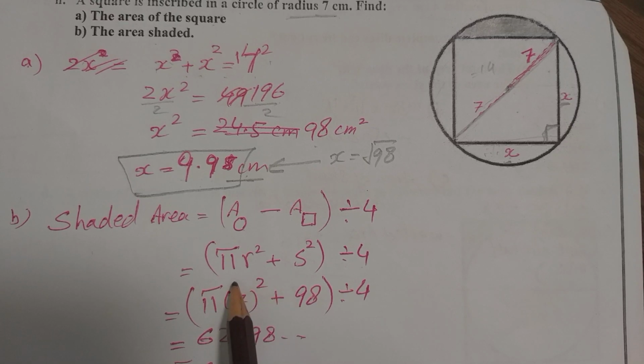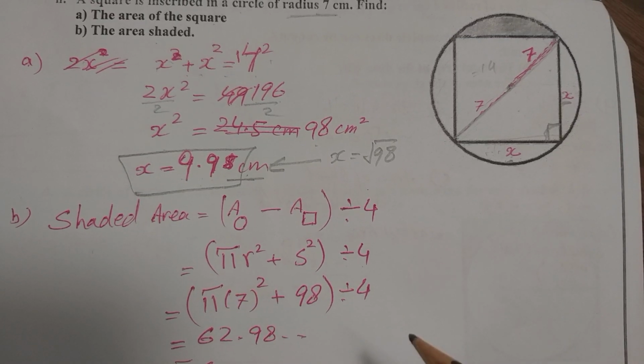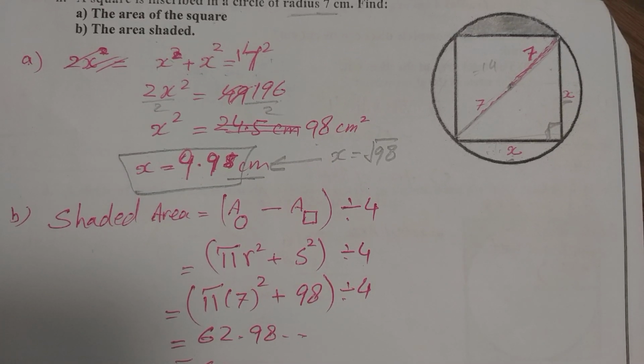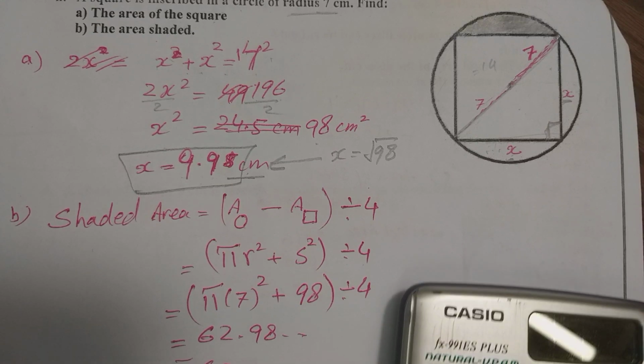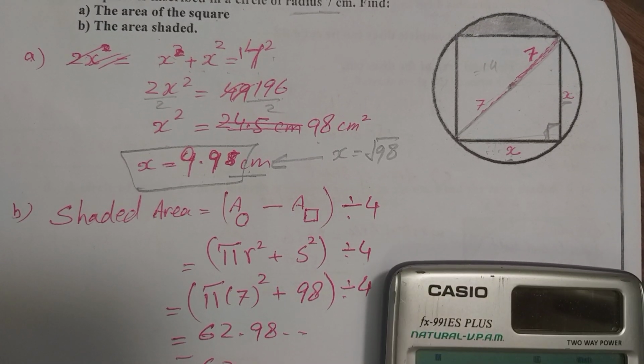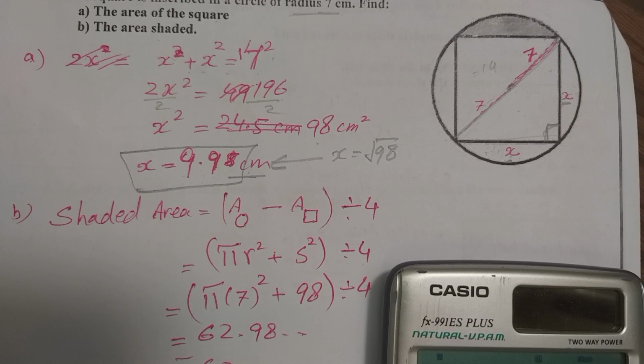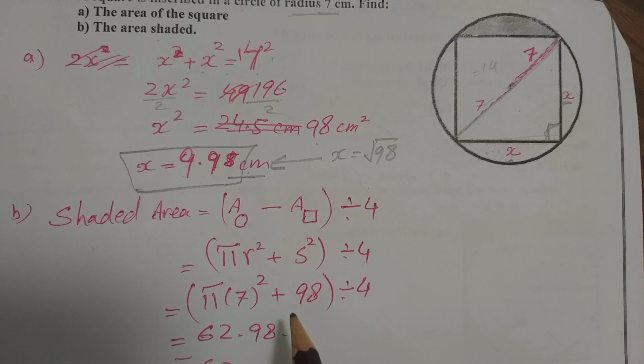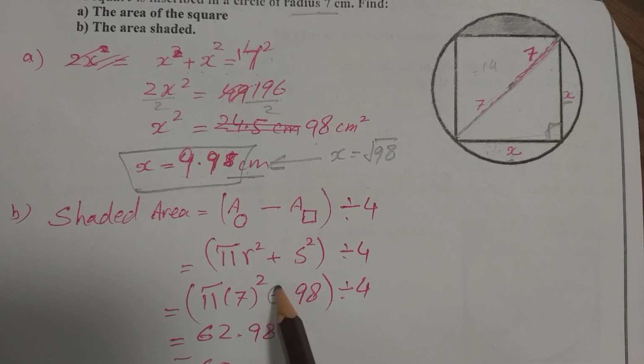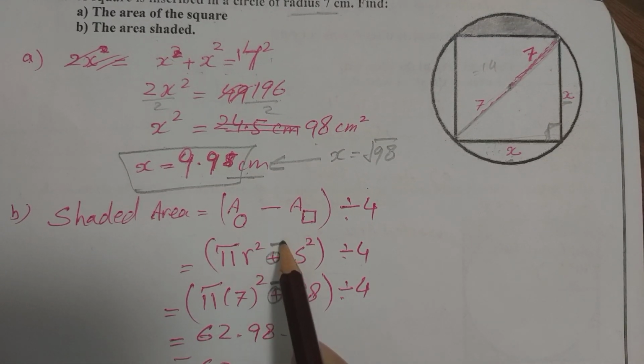So pi r square minus the area of the square. Yes, we should minus here.